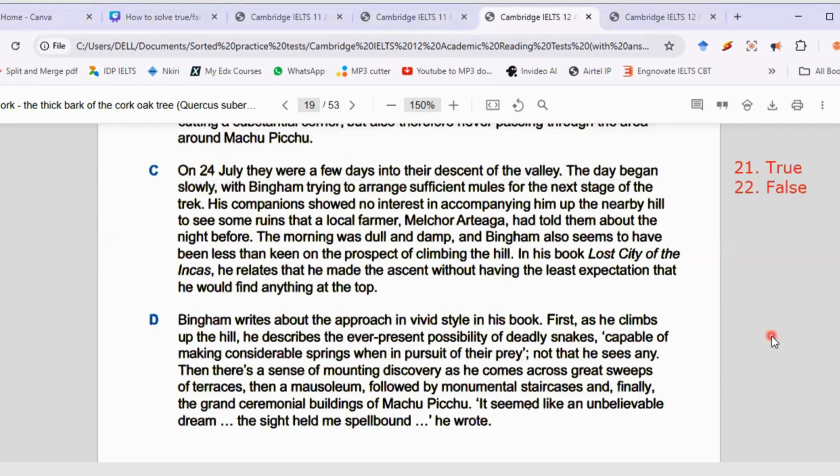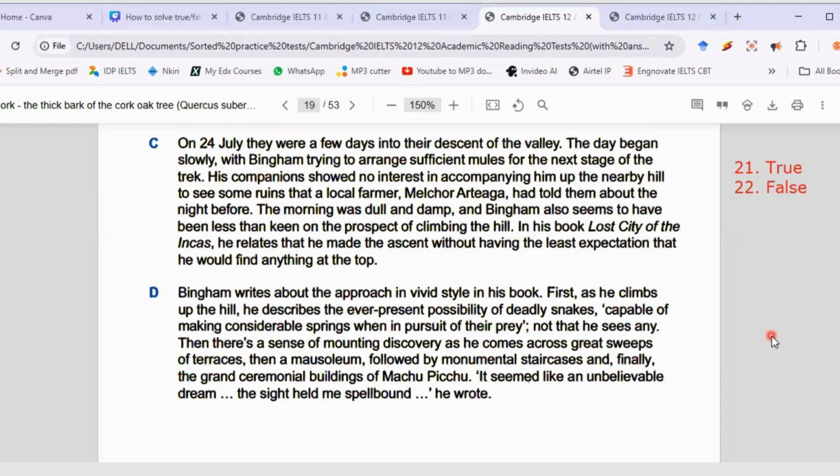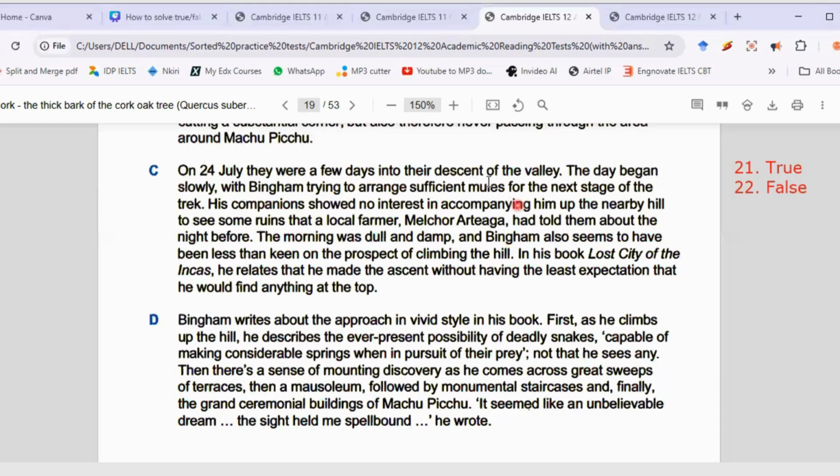Now let's go back to the passage. I'm looking for that Machu Picchu. Okay, there's no Machu Picchu here. So let's read this closely. Bingham writes about the approach in a vivid style in his book. First, as he climbs up the hill, he describes an ever-present possibility of deadly snakes capable of making considerable springs when in pursuit of their prey.